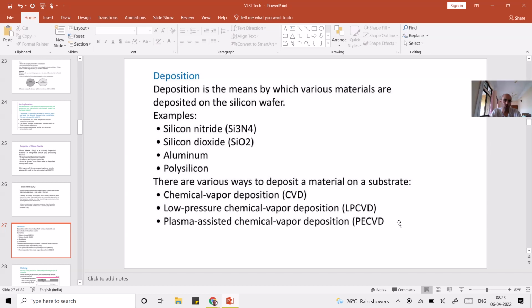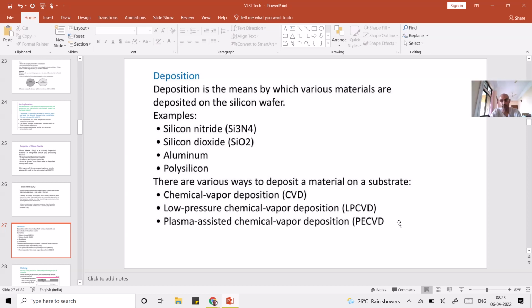Some regions will be at a very high temperature, while most of the regions will not be at that high temperature. Then you keep the substrate in a region where the temperature is very high, and then you can use this plasma assisted method.